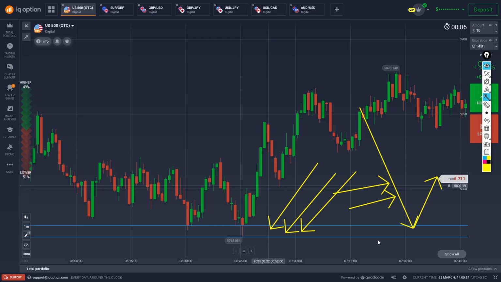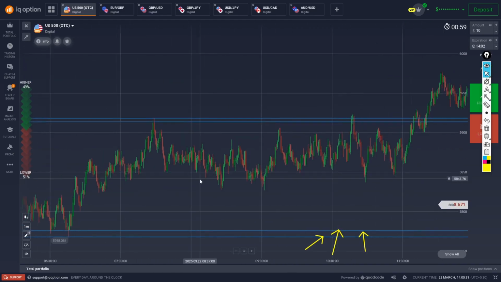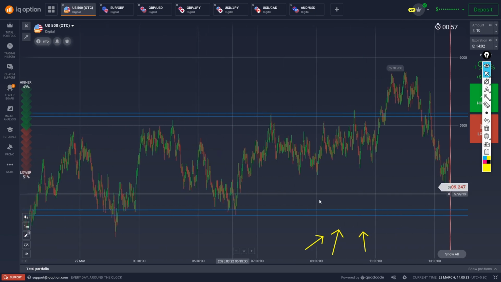So in this case we are expecting 2000 buy orders hypothetically, and what you see in the future is, okay, the price doesn't move to this zone.